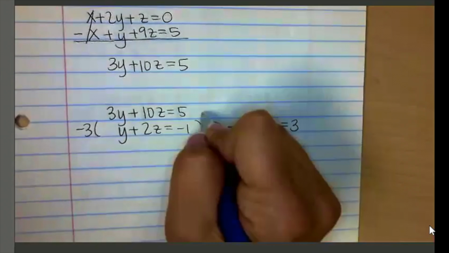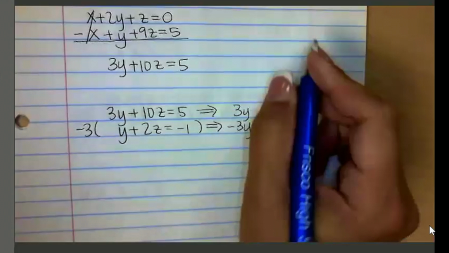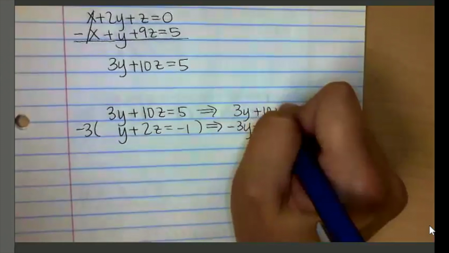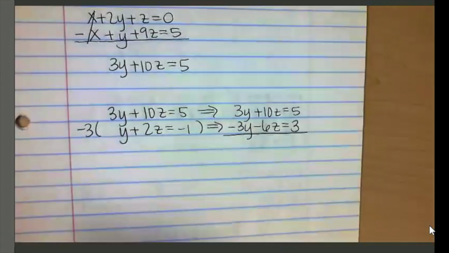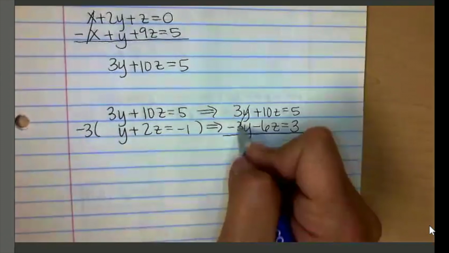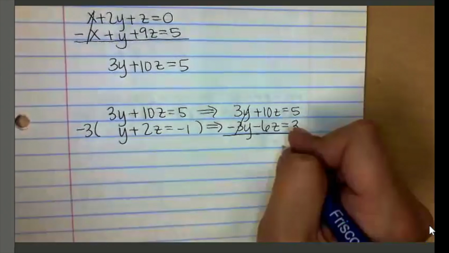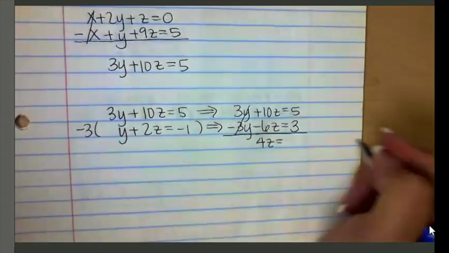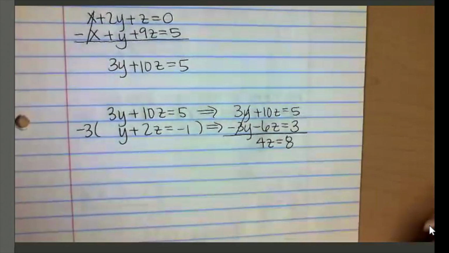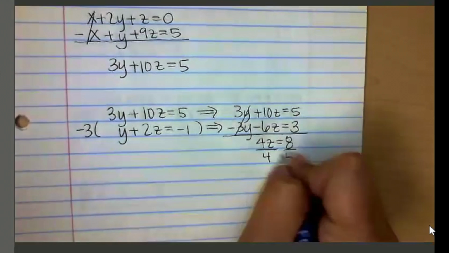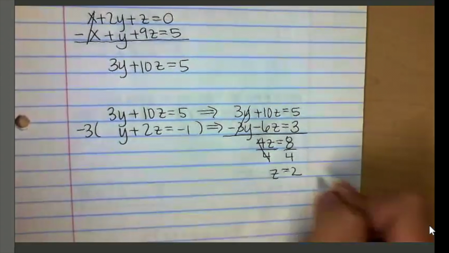The other equation, I just bring it over so that everything's nice and lined up. And here we go. -3y and 3y is 0. 10z and -6z is 4z. And 5 and 3 is 8. I divide by 4, and so we found our z is 2.